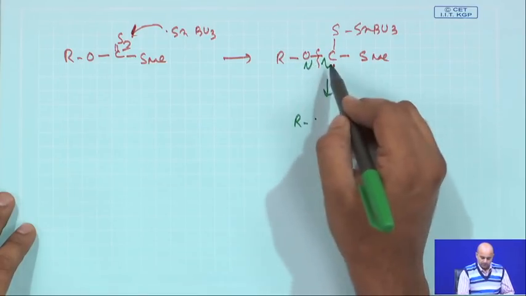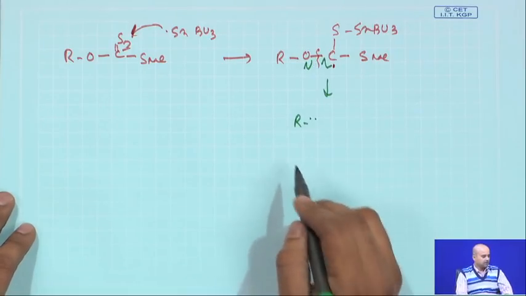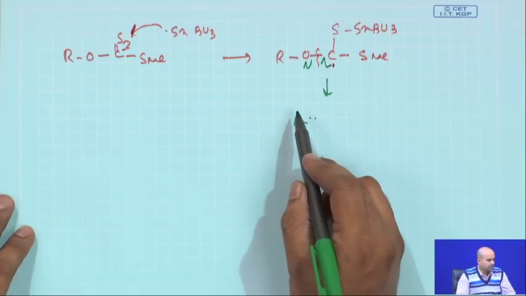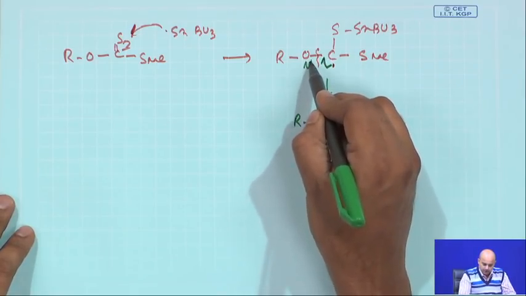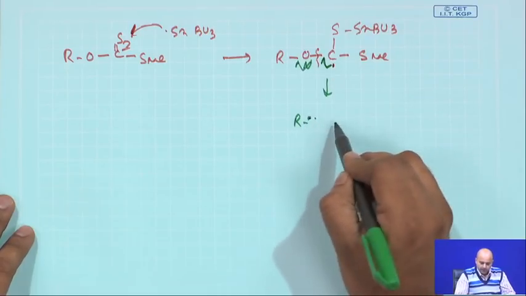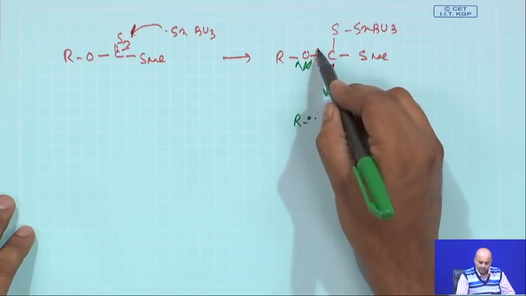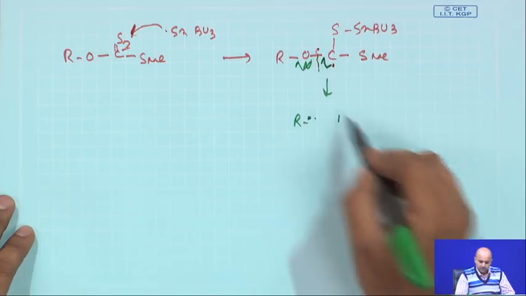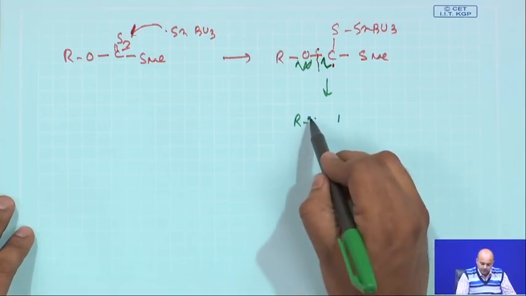This carbon oxygen bond cleavage gives you an R dot, this particular R dot, and your entire other things will be chopped off here.